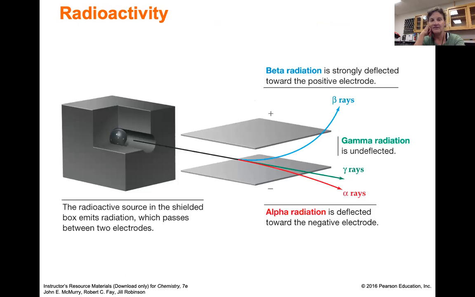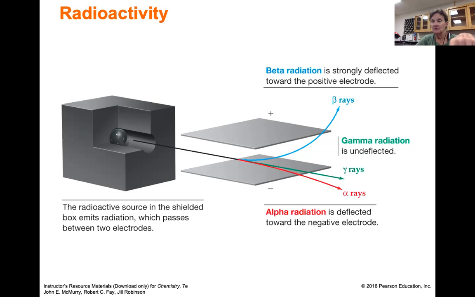Over on the left, if you have a radioactive ball of material here, and it's being shielded with a big metal chunk so that if you're standing there, you're not getting the radiation. If it gives off beta particles, you'll know because if you have your electric plates here, one positive and one negative, electrons will go towards the positive side because they're negative.